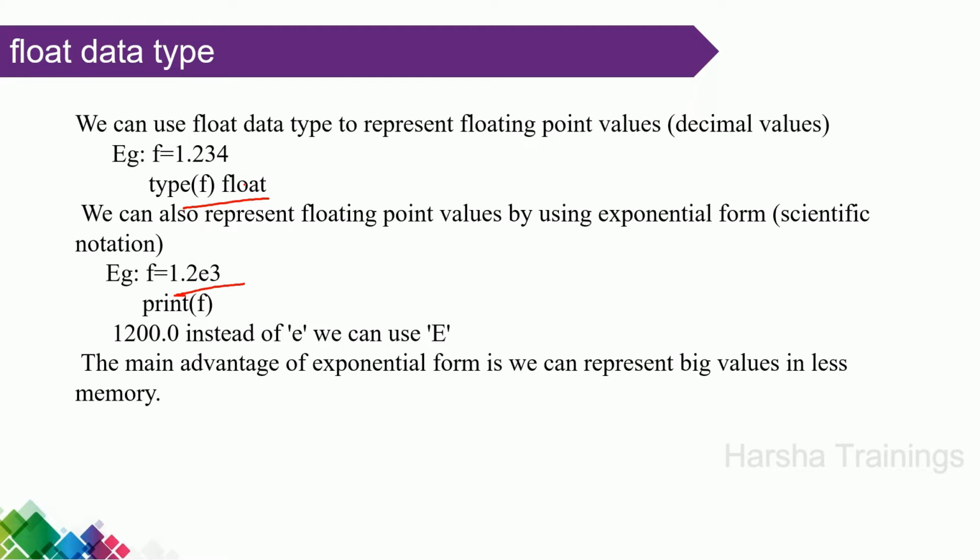Now, if you want to store multiple values by using a single name, again I am repeating, for each value a separate variable is created. Now the question is, we have a set of values, and all the set of values are represented by using a common name.